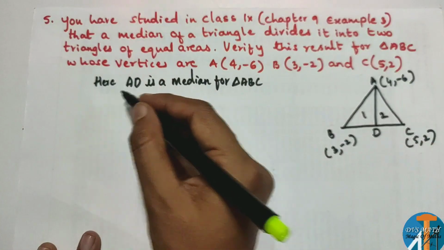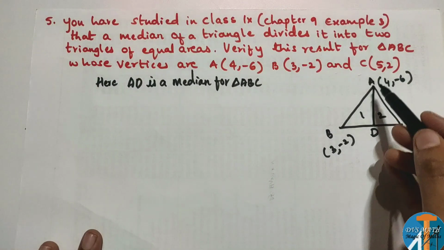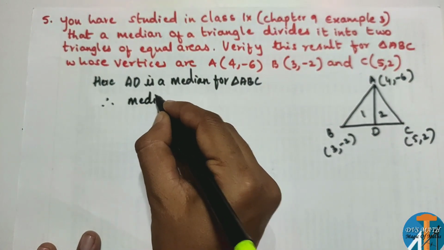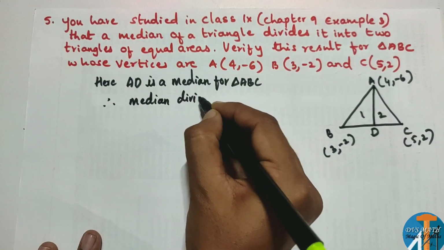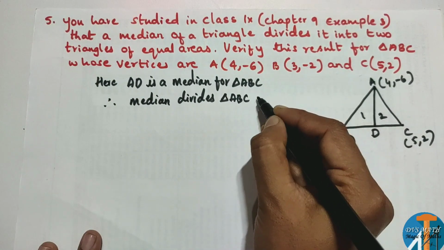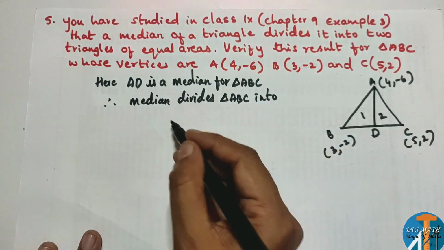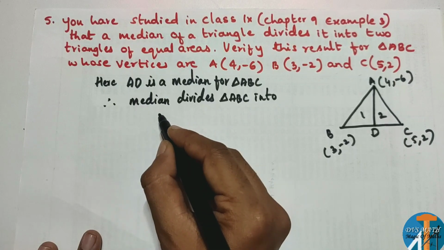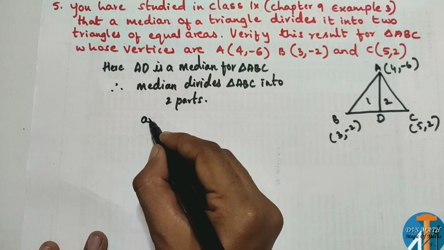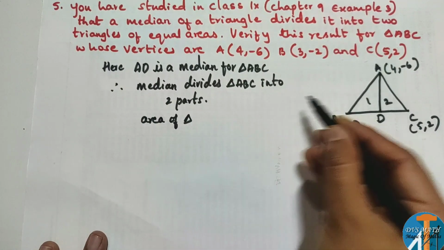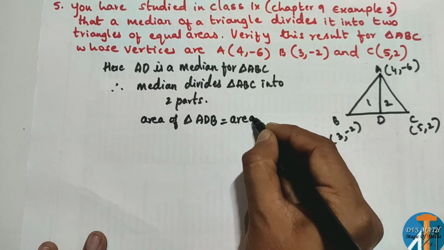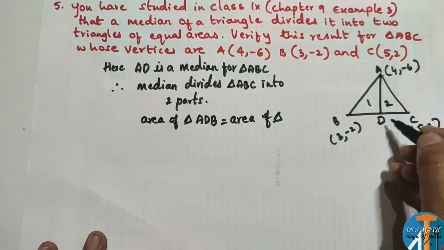Therefore the median divides triangle ABC into 2 parts. So that means what we have to prove? Area of triangle ADB will be equal to area of triangle ADC.